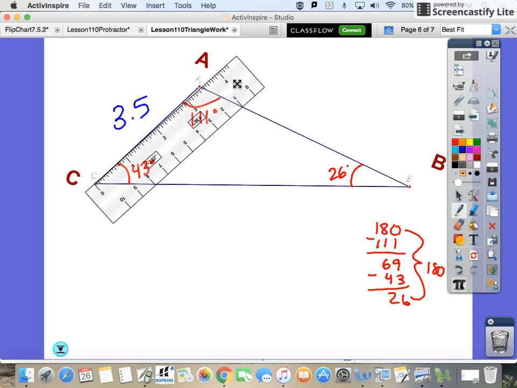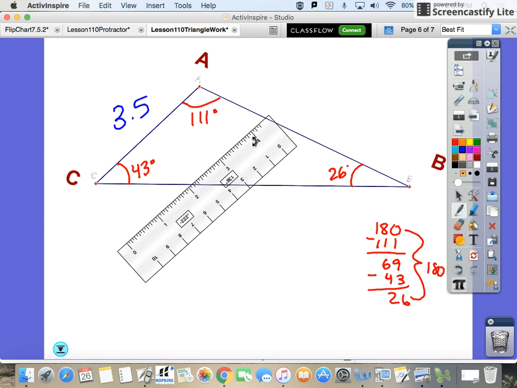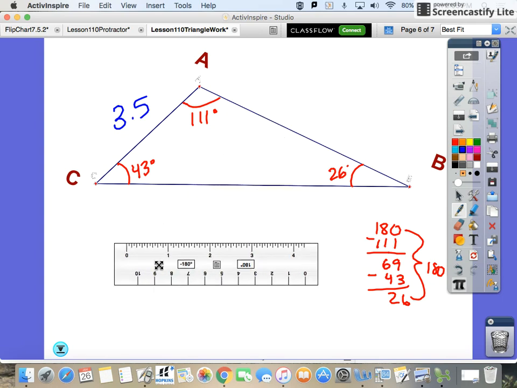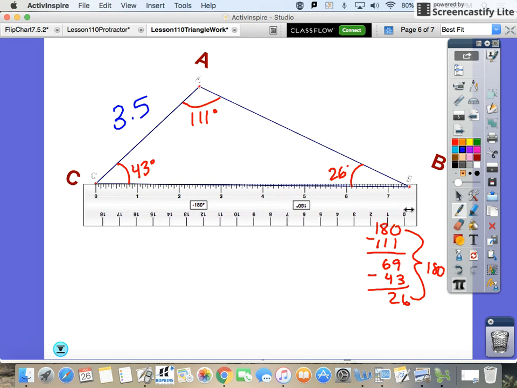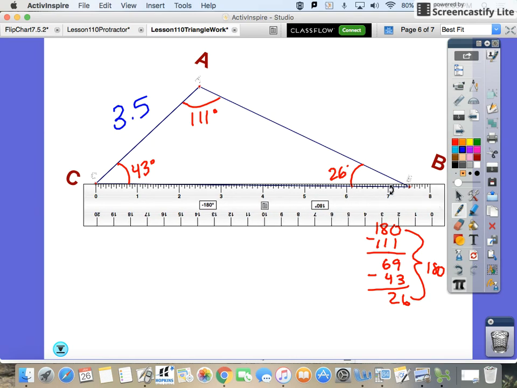And we get 3, this is about 3.5. Then let's rotate it again a little bit more. Start this one off at 0 right there. Extend this, and we're at about 7.1, 2, 3, 4, 5, 6, 7. 7.7 for this side.